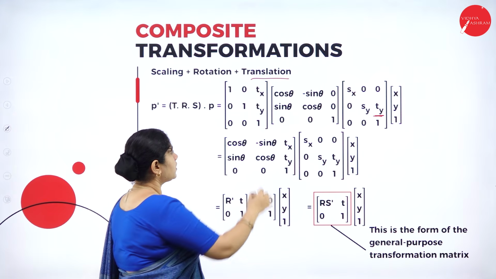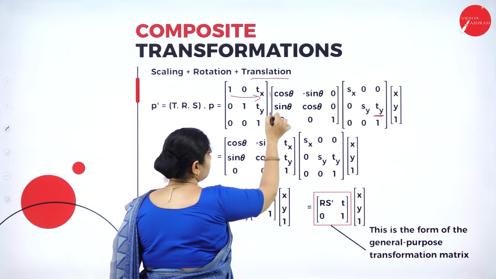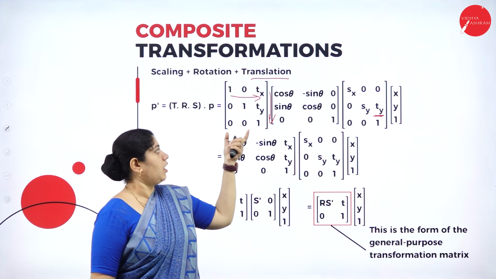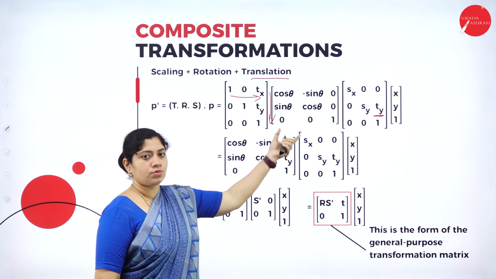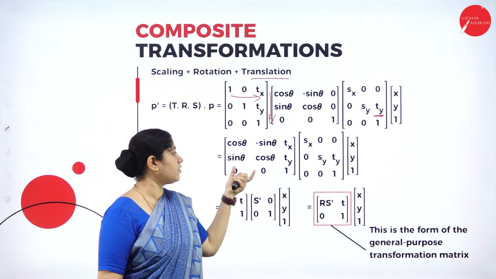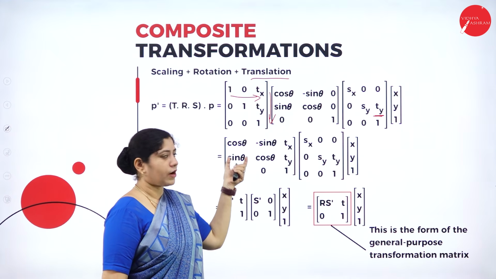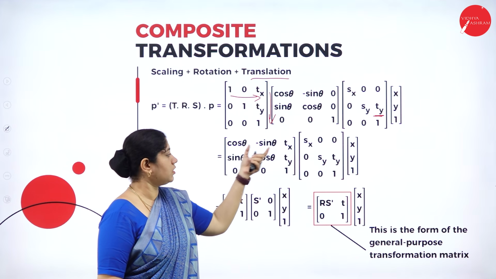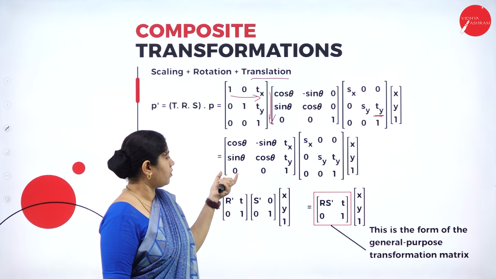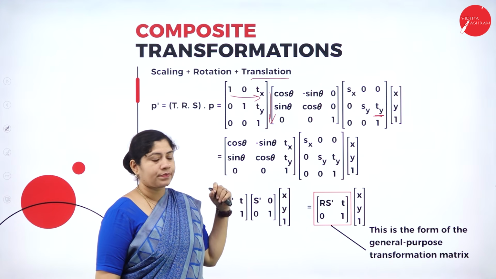Next step, let's consider the multiplication over here. After multiplying these two, that is our translation matrix and the rotation matrix, we will be resulting with this final matrix, that is cos theta, minus sin theta, Tx, then sin theta, cos theta, Ty, followed by 0 0 1.